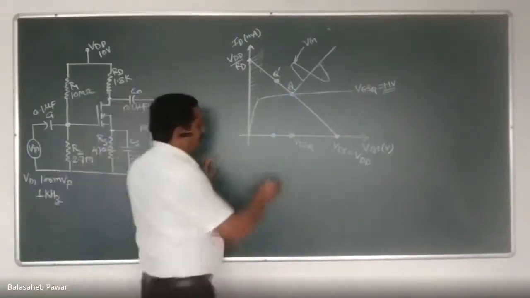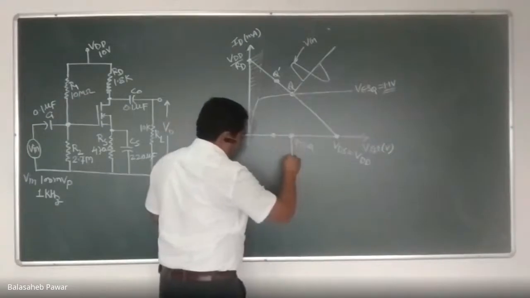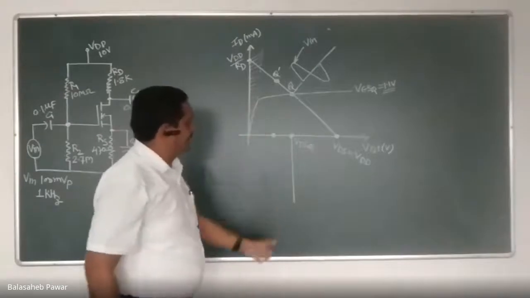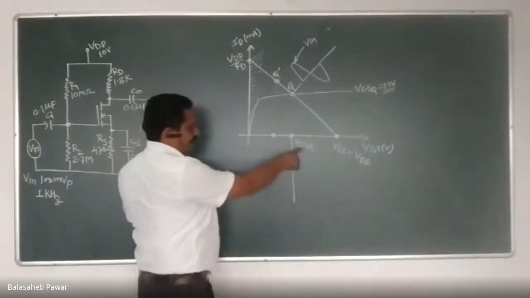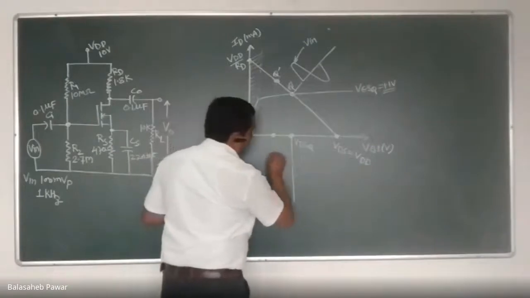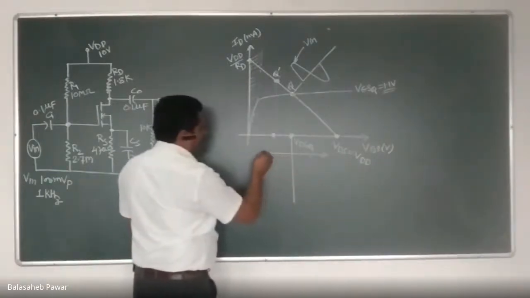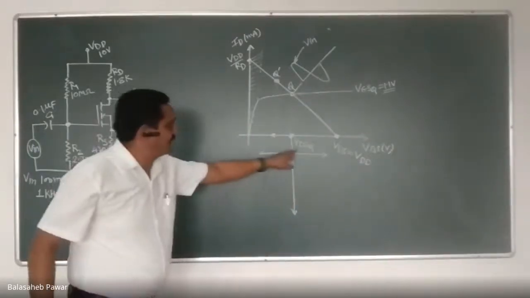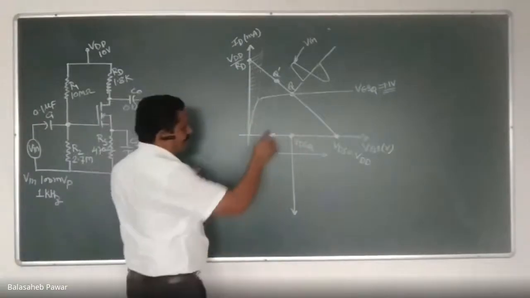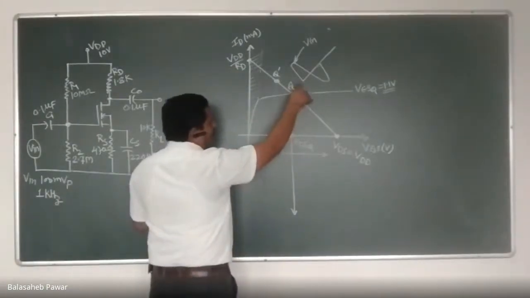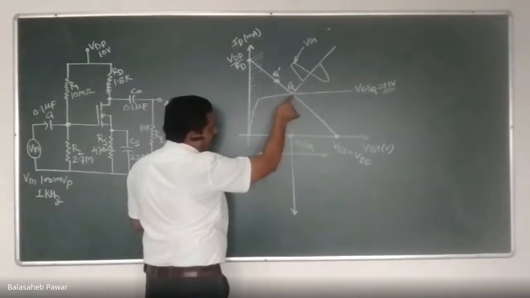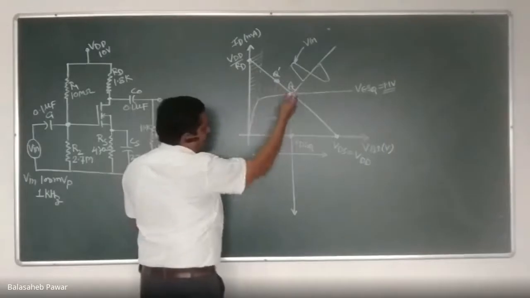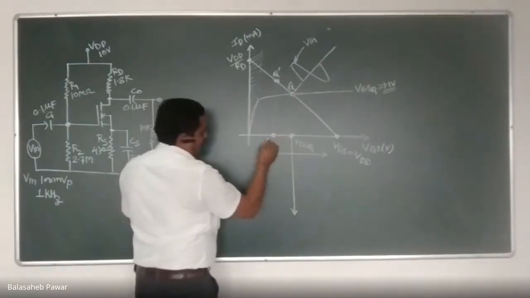Correct. Now observe, we'll take that reference line, or we can call it the x-axis, for VDS. Now we have to show the input output signal waveform, and that's why I will try to plot the waveform for this VDS. So see what is happening when that input is going towards its peak value: that operating point also gets shifted from Q, that is the center point, to Q dash, and hence this VDS gets shifted over here.